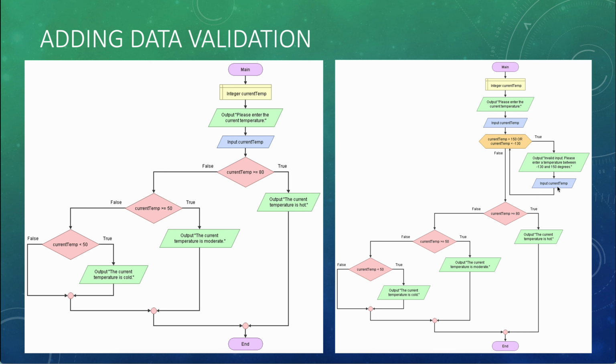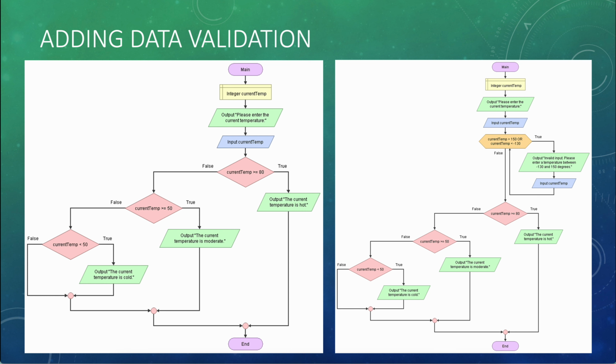So we can compare the two flow charts here. Added to the original is a while loop. So while current temperature is greater than 150 or current temp is less than negative 130, which, by the way, I googled these temperatures, and these are like the most extreme temperatures that have been recorded on Earth.